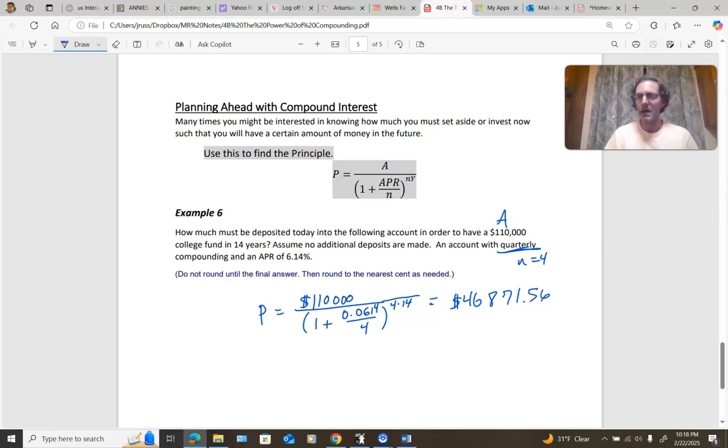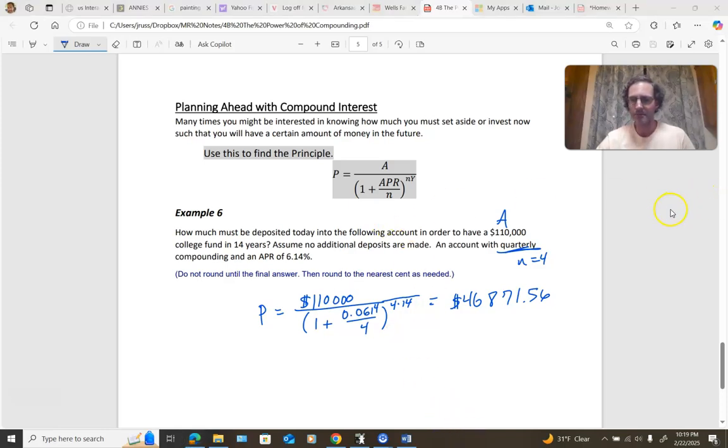So that's the amount. And when you're doing these, guys, your answer should always be less than the future value, right? So this basically means that if I invest this amount right now for 14 years with quarterly compounding at this interest rate, then I would have exactly $110,000 in the future.